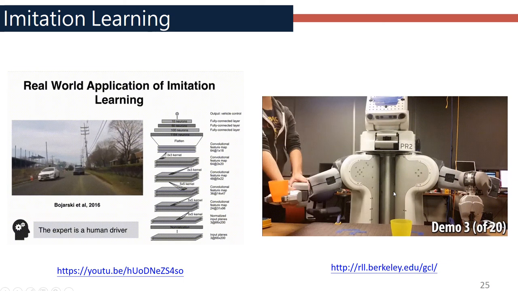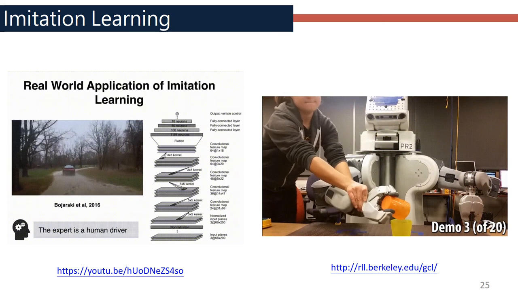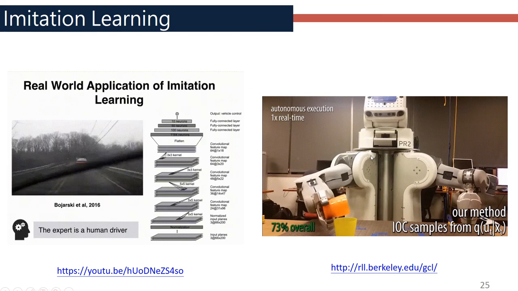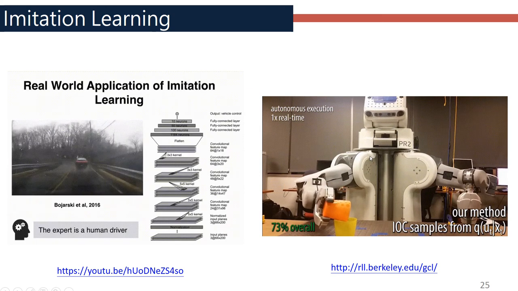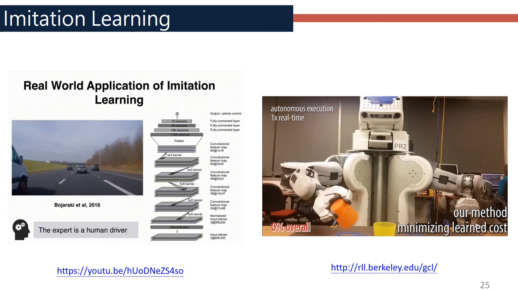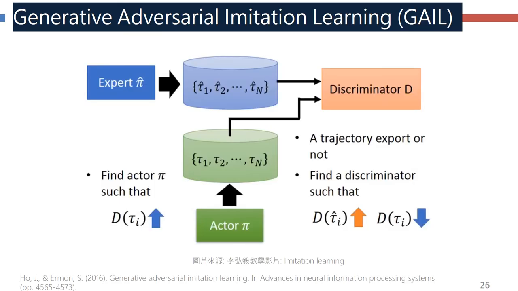In other cases where the task is difficult, we had better let people teach the AI, so the AI does not learn from scratch. It will speed up the learning process. This is called imitation learning.